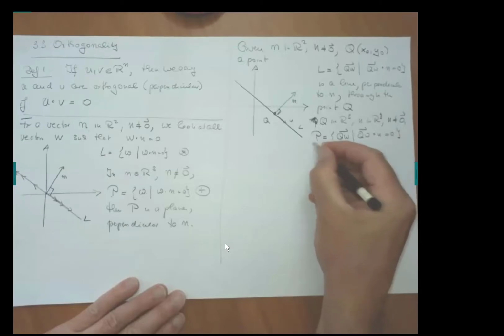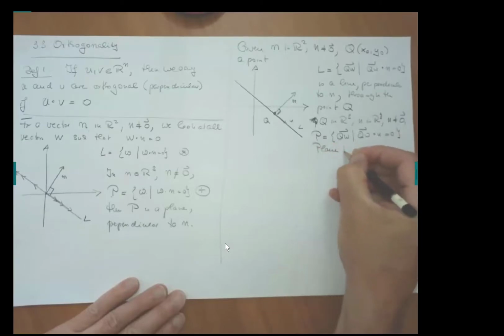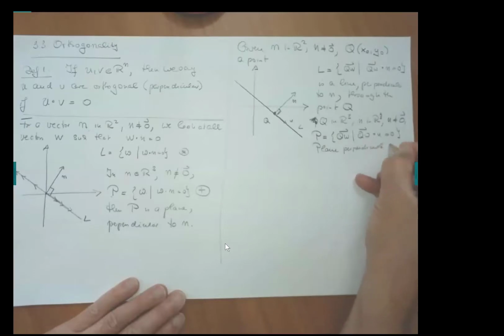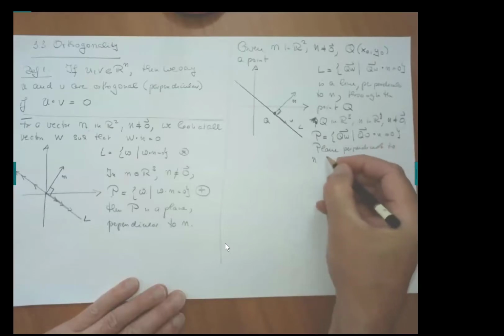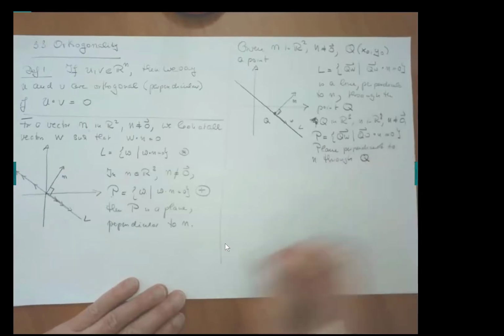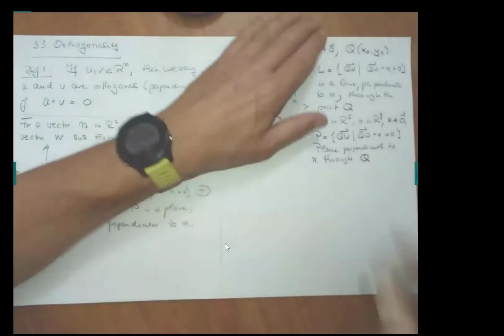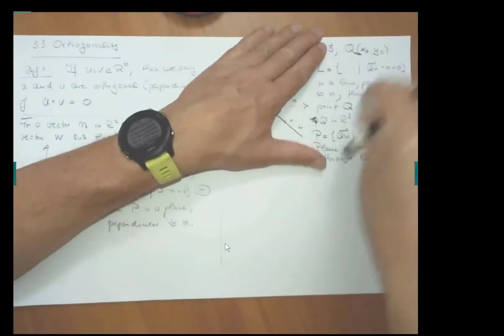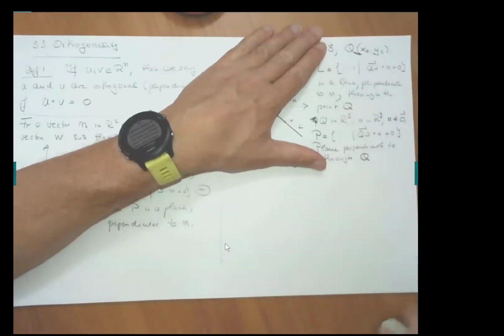And that's a plane perpendicular to n through the point Q. And just, sorry, I just saw something I should not write. QW, I should just write W here.